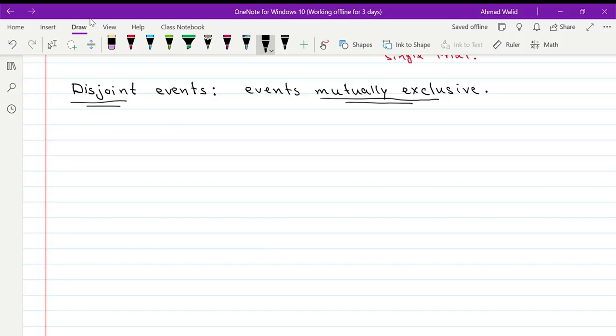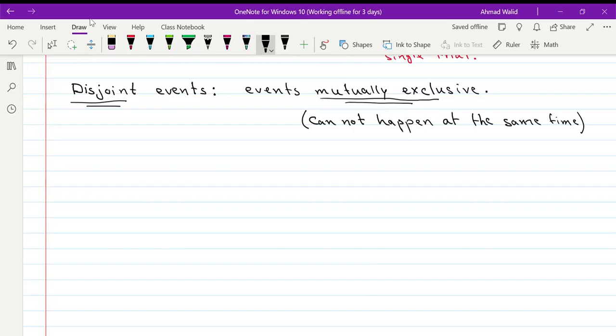Mutually exclusive, if you remember, I told you, the meaning of mutually exclusive is cannot, again I'm writing one more time, cannot happen at the same time. That's the meaning of mutually exclusive, or the meaning of disjoint.